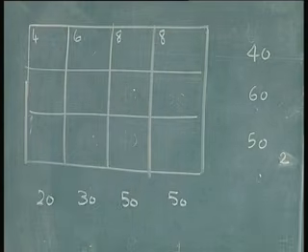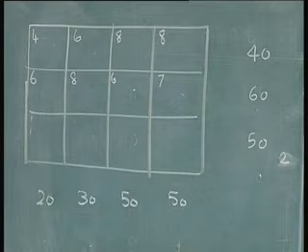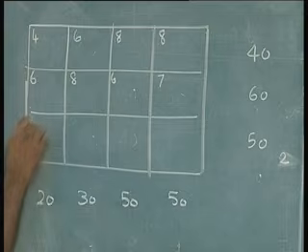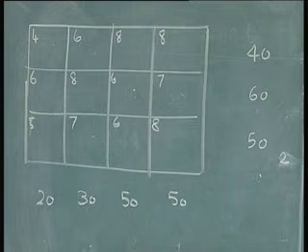4, 6, 8, 8, 6, 8, 6, 7 and 5, 7, 6, 8. Let us quickly compute the penalties.